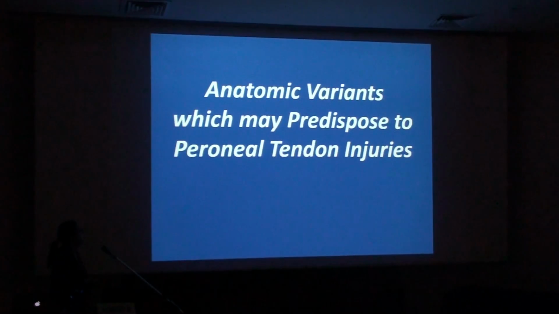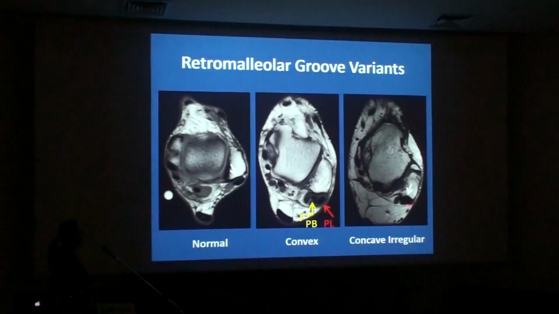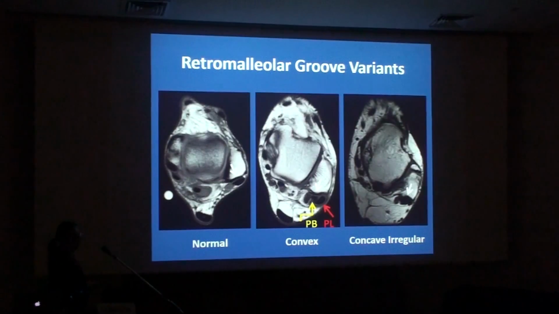which may predispose peroneal tendons to be injured. And first to mention, the different shapes of the retromalleolar groove, which is normally slightly concave, but it may be variably convex or irregular.